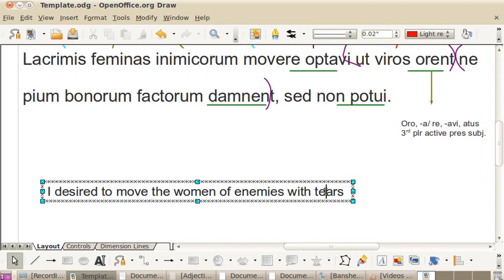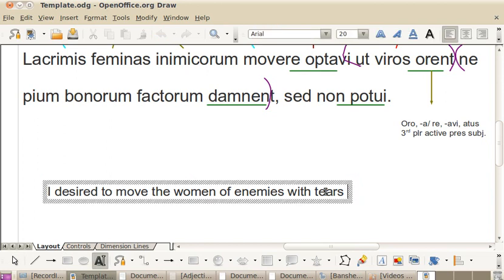the verb in the present subjunctive, given the context we have here, should really indicate a simple purpose clause. So we say, in order that they, likely meaning the women in the previous idea, in order that they might, and oro orare in medieval Latin frequently means to pray, or even just simply to speak.